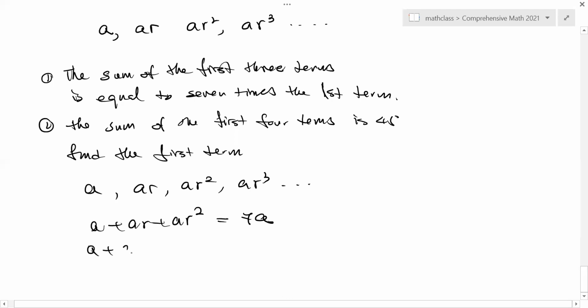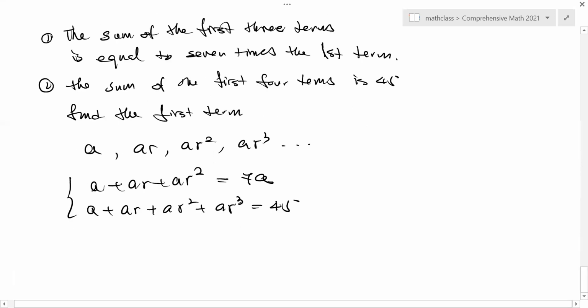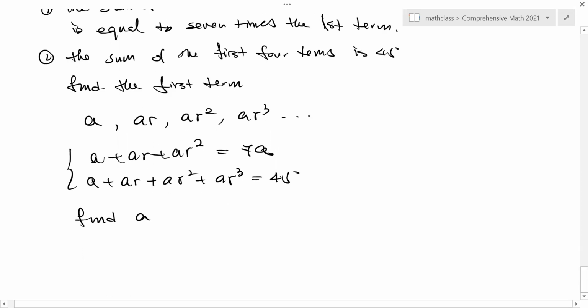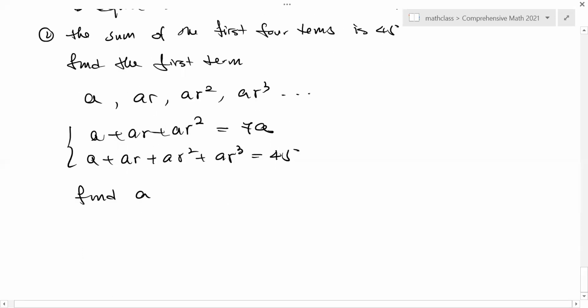And we are also told that the sum of the first four terms is 45. Our question is, what is A? Find A. So that's actually an algebraic problem. Can you try this?